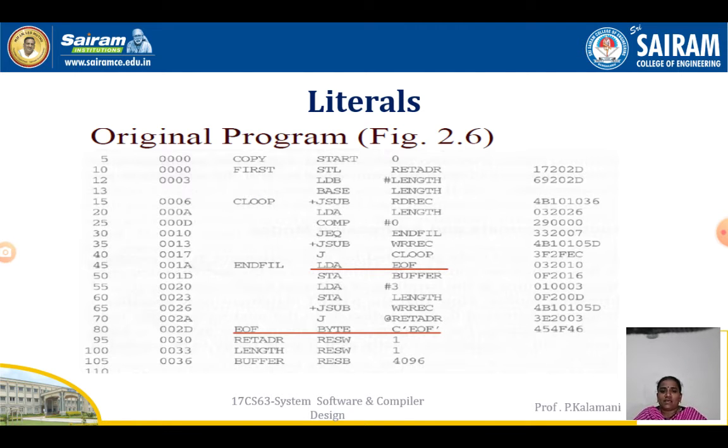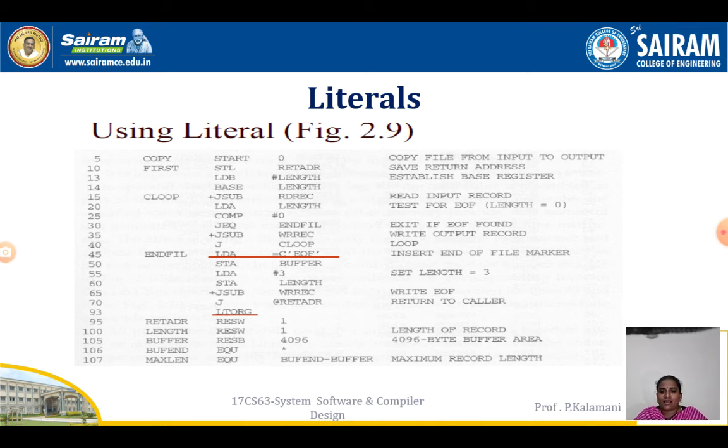See this example: LDA EOF, which is what we normally specify. Then EOF is defined as a byte constant C'EOF', the character string EOF. Instead of that we can use a literal, like LDA =C'EOF', where the equal sign represents a literal, and the characters EOF are given within the quotes. In order to specify literals we use the assembler directive LTORG.